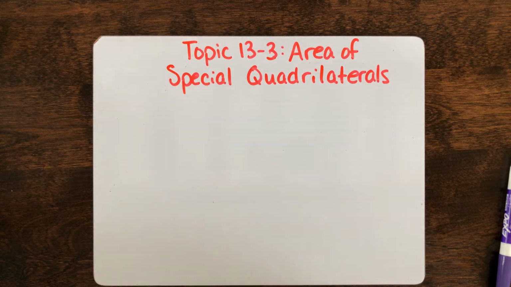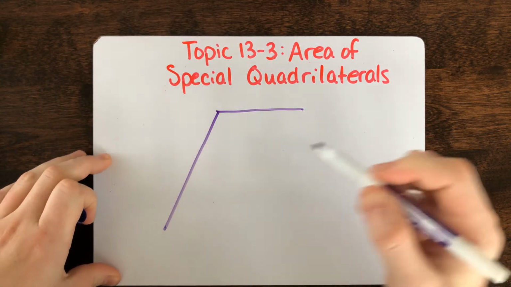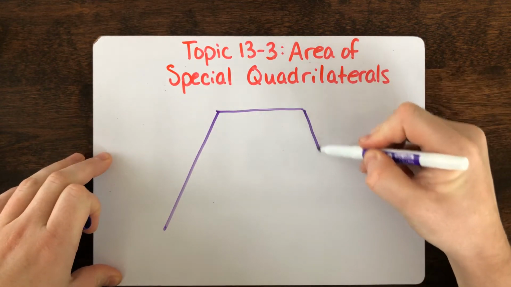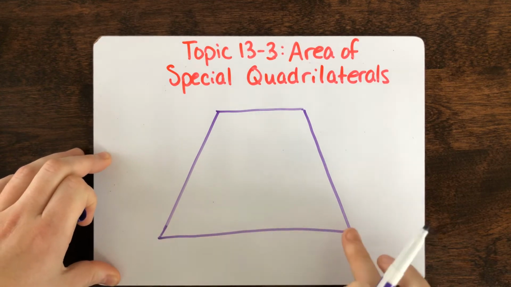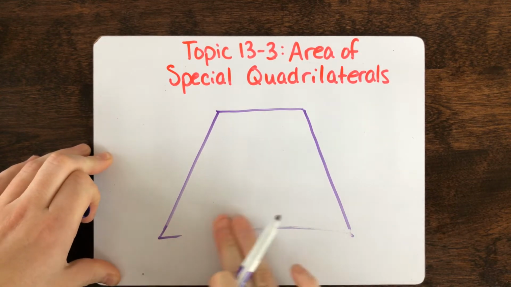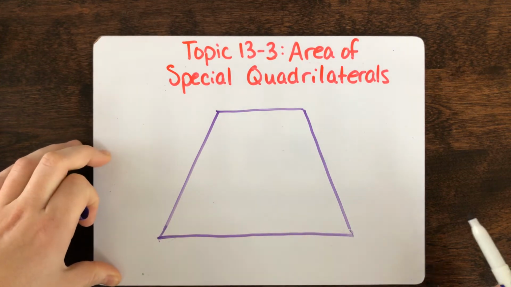All right? So for example, if I were to draw a shape like this, oh, that's a bad line. Sorry about that. All right.